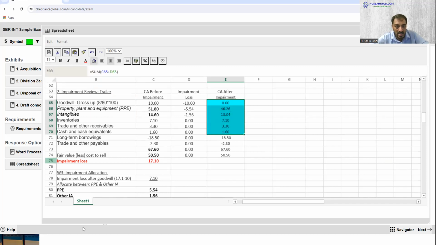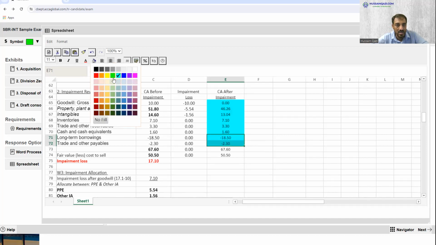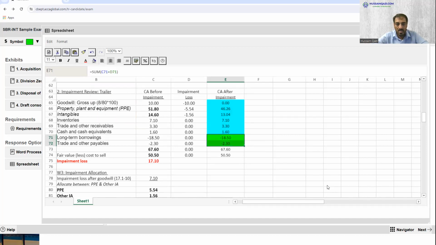And these are the values of liabilities. So make a sum equal to sum. These are the assets. 71.3 we will report as disposal group assets.